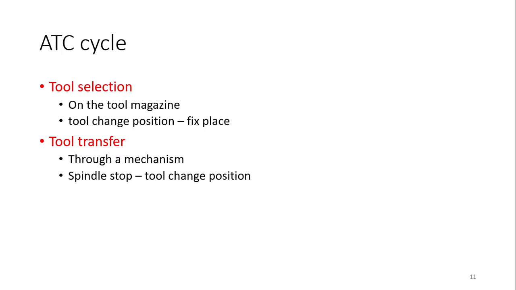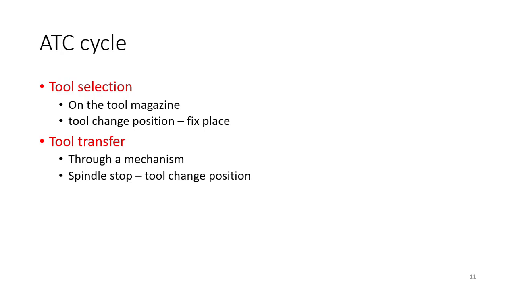Correct. So that is your ATC cycle. It has 2 steps: the tool selection, which happens on the tool magazine, and the tool change position, which is a fixed place. Whatever tool you select comes to a specific location from where the tool mechanism will pick the tool and transfer it to the spindle. That is called tool transfer.